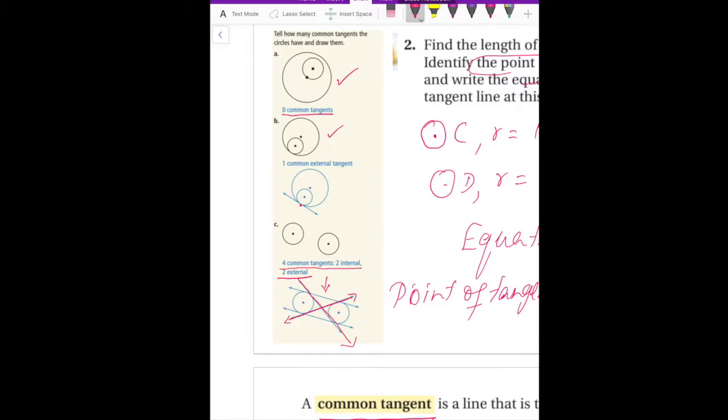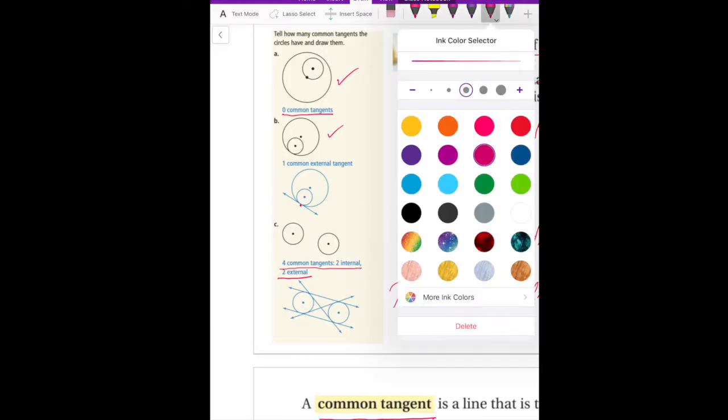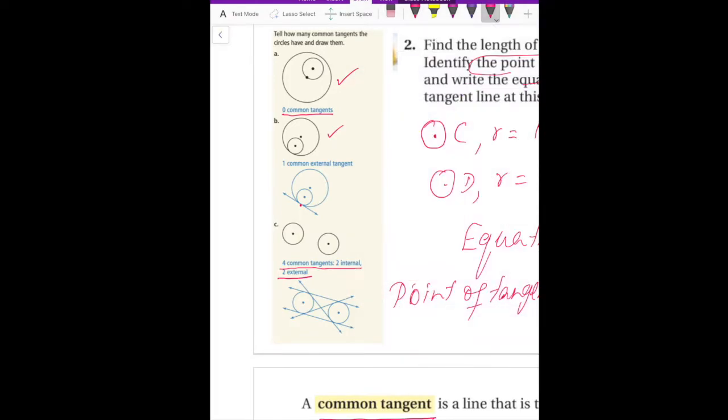You can draw like this. I'm sorry, it has to touch at only one point, so it's better to look at the figure that they give you. So you have 2 internal and 2 external common tangents. You need to remember that. There are different cases.